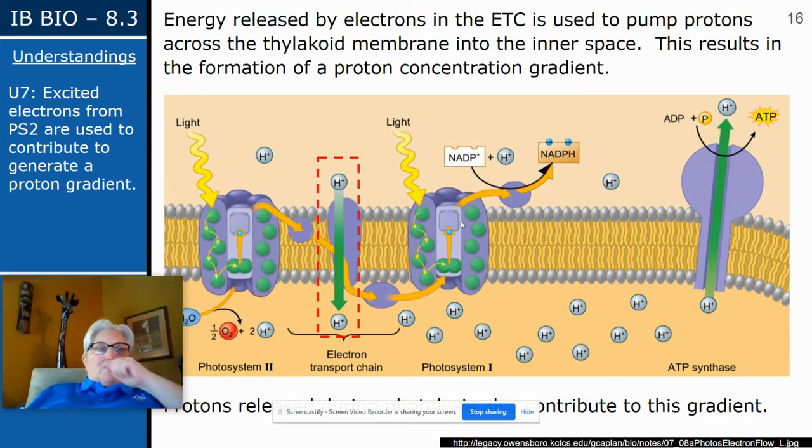Now, because this is a photosystem, you'll notice we have to have another light source still coming in. And it's going to continue to move, and this is where we get another process that is going to take our NADP plus and convert it into NADPH.